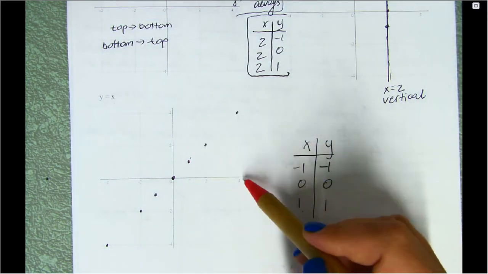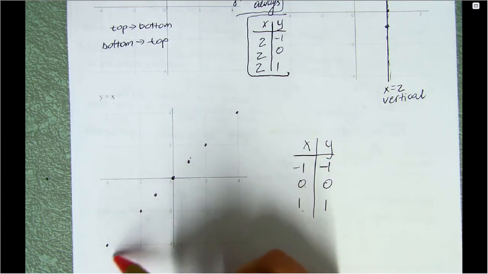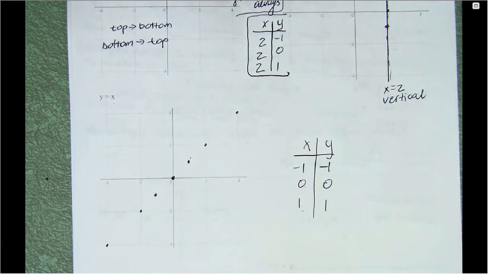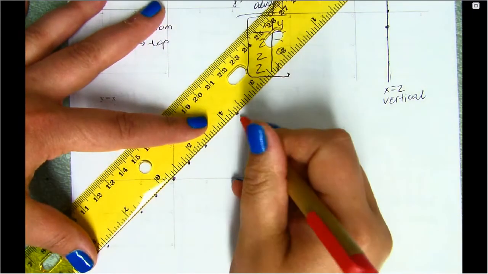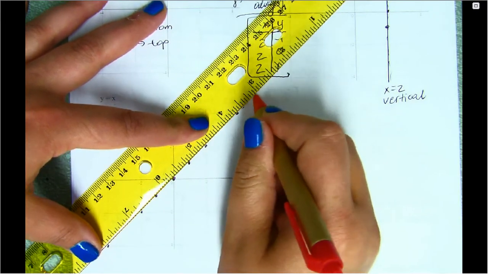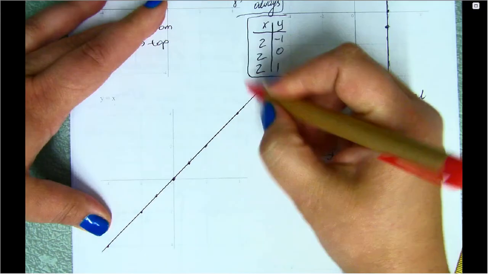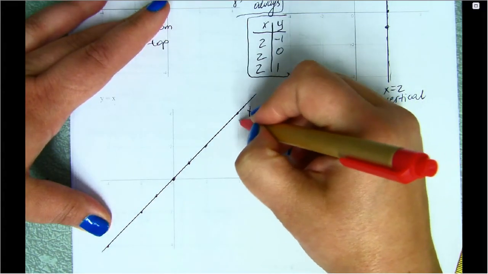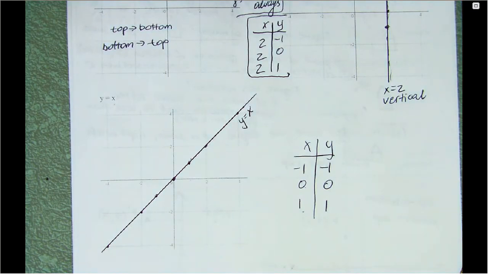So 4, 4, 2, 2, -2, -2, -4, -4. Okay, that's the most common one to use, and that one is kind of tricky. So that is my line Y equals X. It's like a diagonal line.